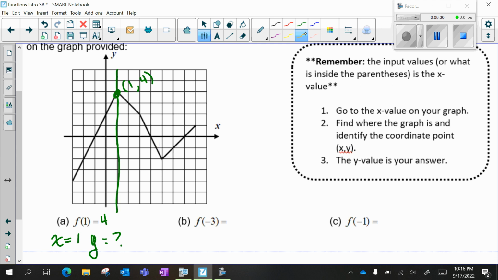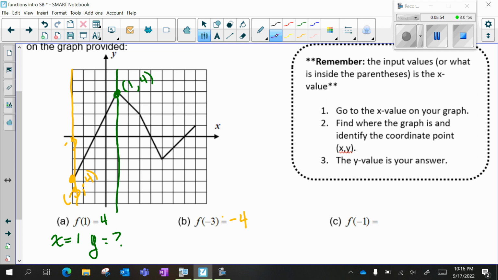Next, I'm going to f of negative 3. So if I look at negative 3, here's negative 3. It hits my graph here. This is the point negative 3, negative 4. So f of negative 3 is negative 4.